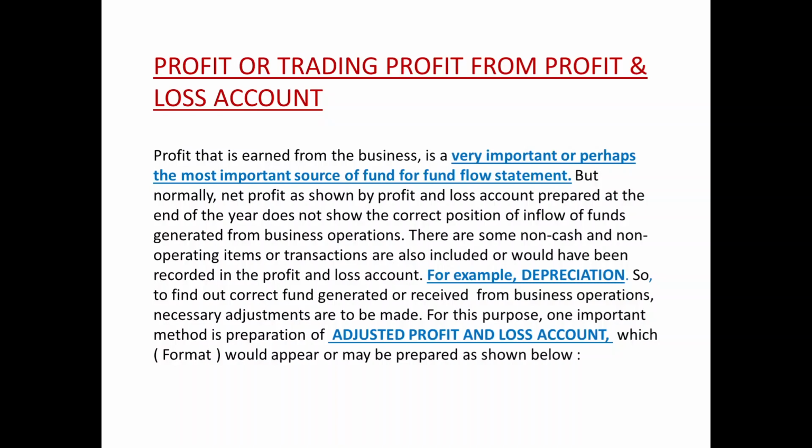Ideally, maximum fund flow should be generated from the operating profit of the business. But normally, net profit equal to cash profit is not going to happen. Why? Because net profit as shown by the profit and loss account prepared at the end of the year does not show the correct position of inflow of funds generated from business operation.